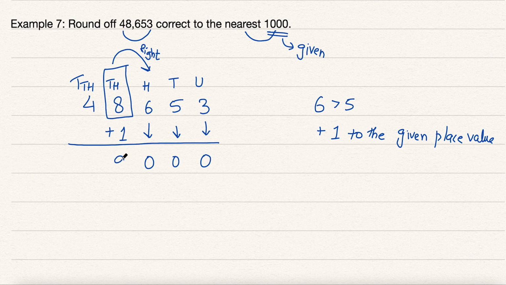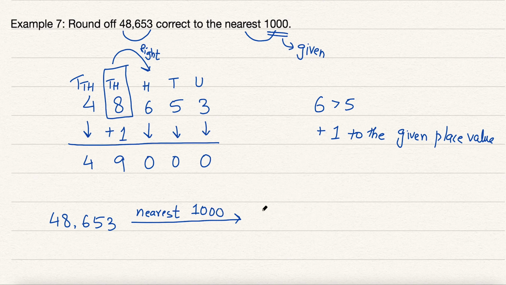Then 8 plus 1 is 9, and this will be copied as it is. So when you round off 48,653 correct to the nearest 1000, then you will get 49,000 as the result.